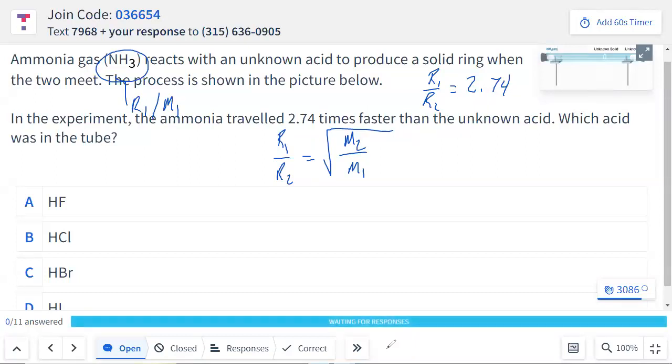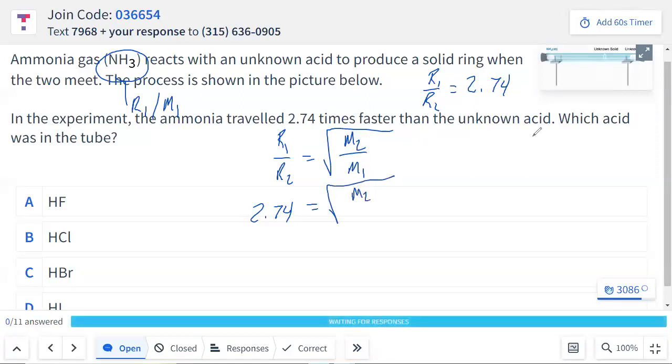R1, the rate of ammonia, is 2.74 times faster than R2. So I can put in 2.74 as my value of R1 over R2 because that's what the relationship tells us it is. Now I just need to figure out the mass piece.